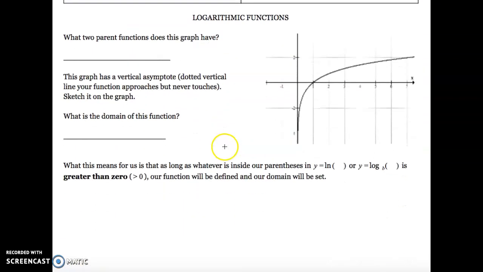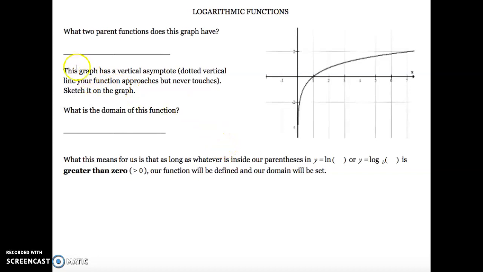All right, so for logarithmic functions, first a little bit of review. There are two parent functions that this logarithmic function has. The first is a common log, so you'd have log with a little base number of x, or the other parent function would be the natural log function. Those are your two parent functions.